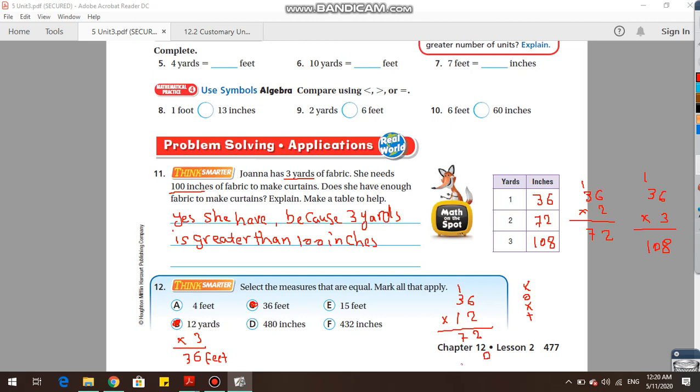I will add a 0. Now 1 times 6, 6 and 1 times 3, 3. Now if I add both of them it will give me 2, and 7 plus 6, 3 and carry up 1. 1 plus 3, 4. It will give me 432 inches.